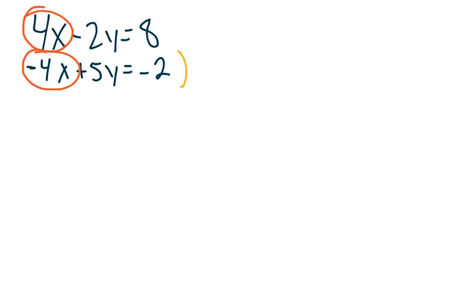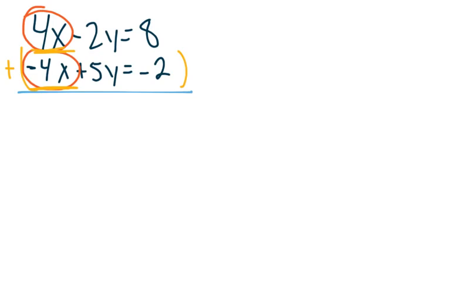Now, since one is positive and one is negative, I'm going to add the two equations. In the previous example, they were exactly the same. One was positive and the other was positive, so we subtracted. In this example, positive 4x, negative 4x, we're going to add.